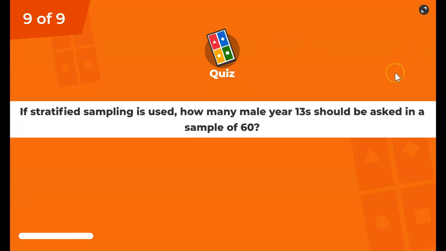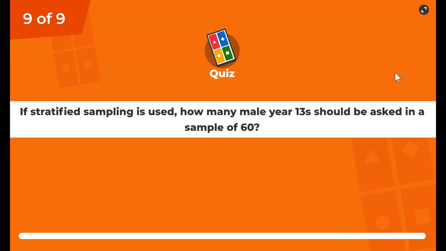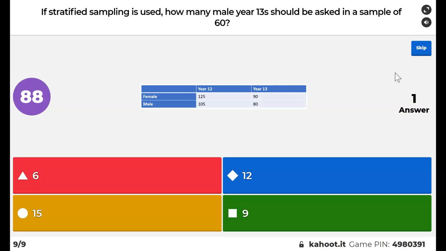Okay. And then the last one is stratified. So you need calculators for this one probably. Okay, that came up smaller than I thought. I'll write that bigger if you need that. Let's go for 15.